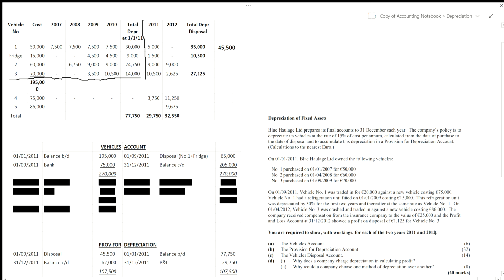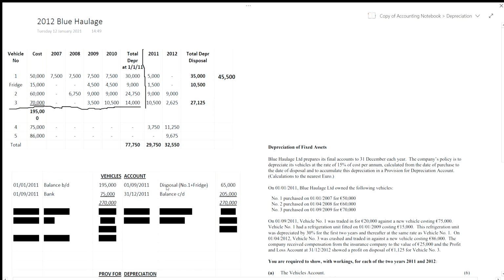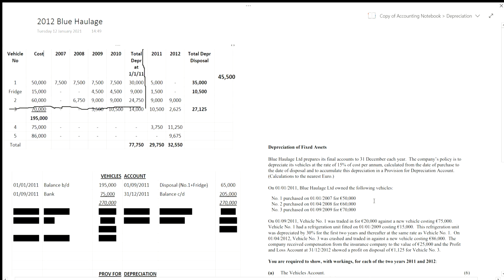If I'm trying to show how much the vehicles had at the beginning of 2011, I need to find out how much these vehicles were worth, because these are the costs. How much are they worth at 2011? The way I can check that is we have done this table and filled it in and found out the costs. These three vehicles we had bought before 2011. I also had the fridge here before 2011.